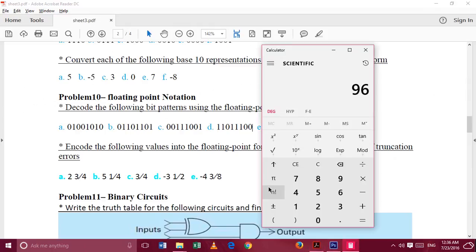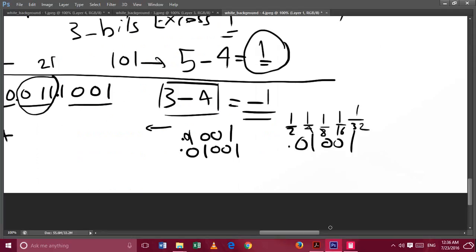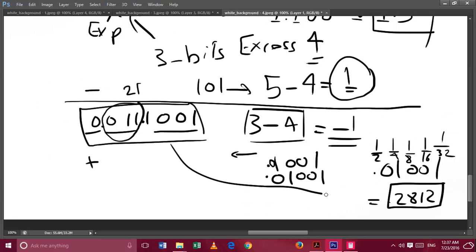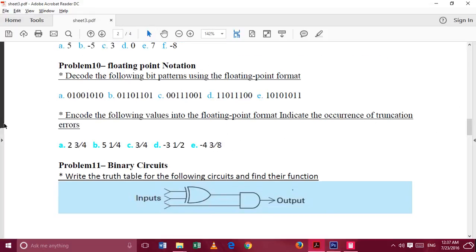Maybe we use a calculator to do that. 1 over 32 plus 0.25. So it would be 0.2812. Okay, excellent.